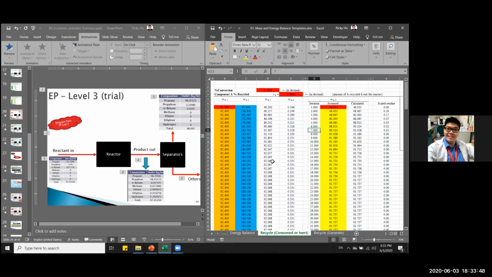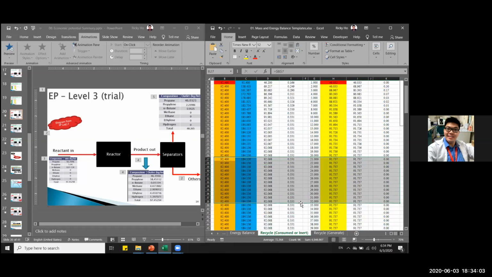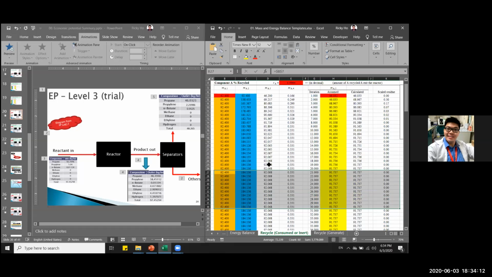Okay. So if you see from the Excel sheet, at the beginning, they will give you very different numbers until one point, the value converges, as in there is no more change in the value. So it means that your recycling has reached an equilibrium. So this will be your new stream.